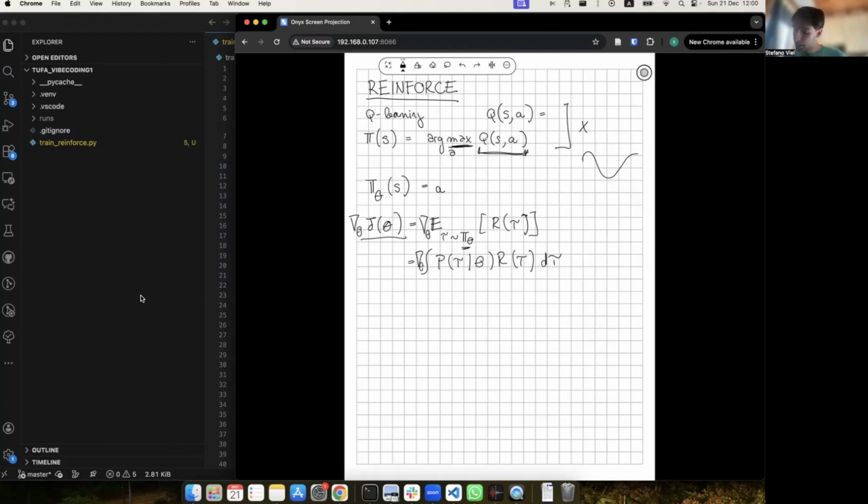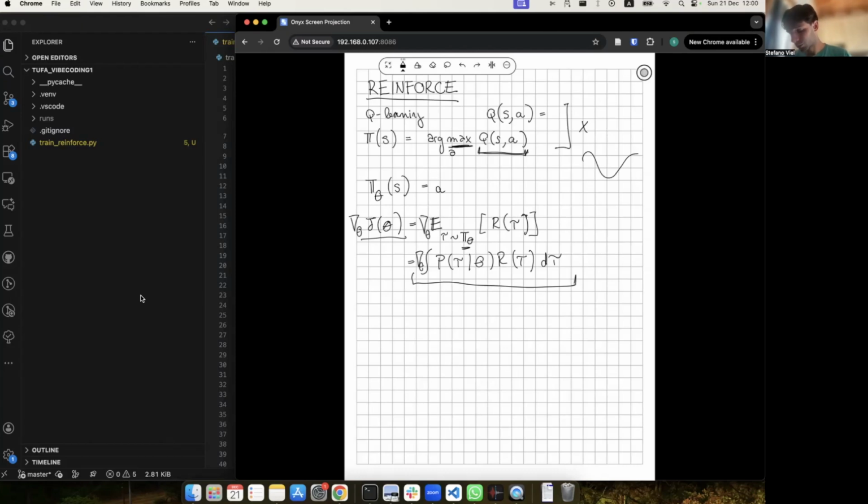Now, computing this thing here is not easy at all. The reason is this is an integral over the whole distribution of trajectories, and if our environment is a bit complex, there will be an infinite number of trajectories.